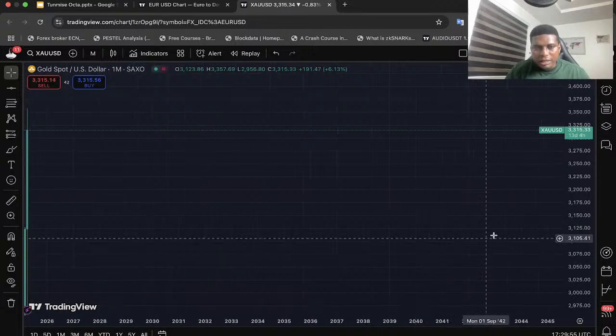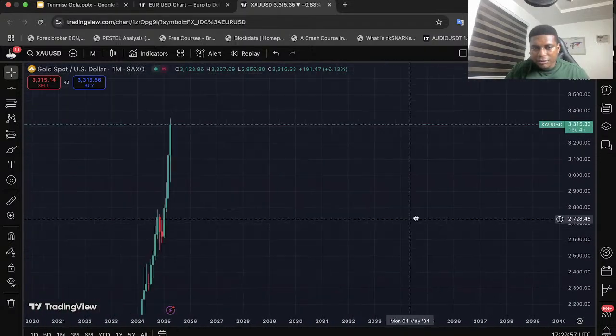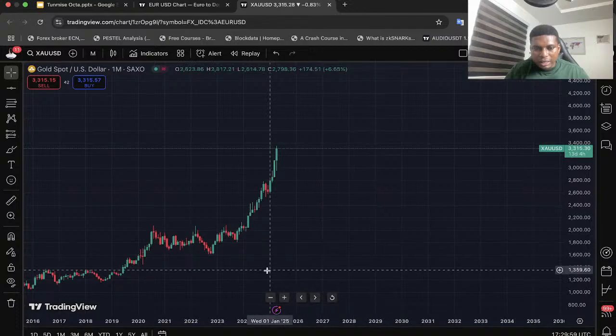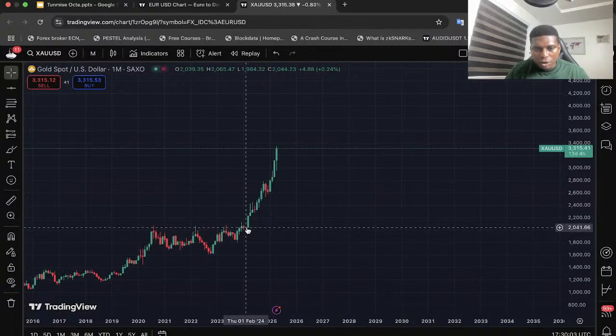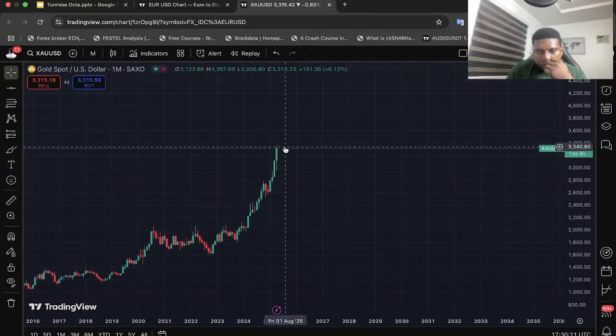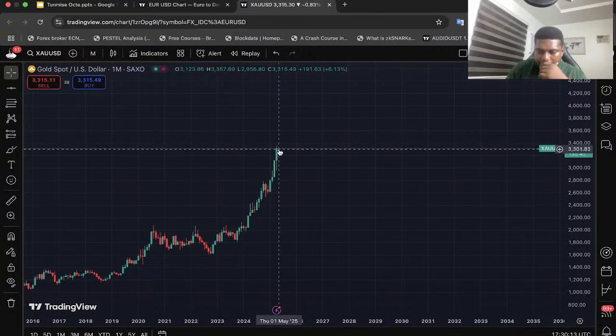Now we can see clearly on the monthly time frame that gold has been bullish from the 1st of February 2024, and we moved up, and here we are on gold.